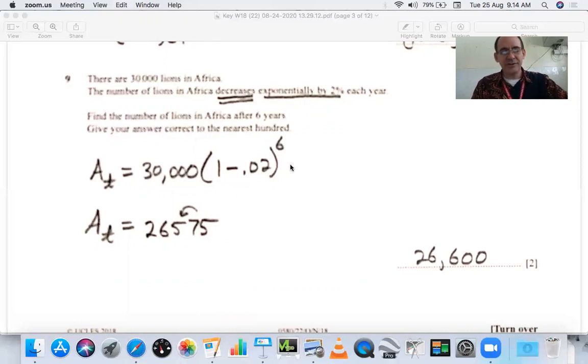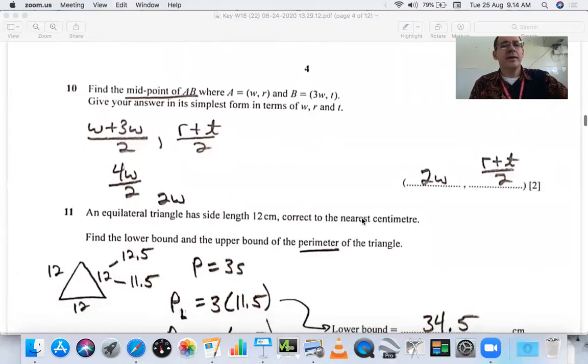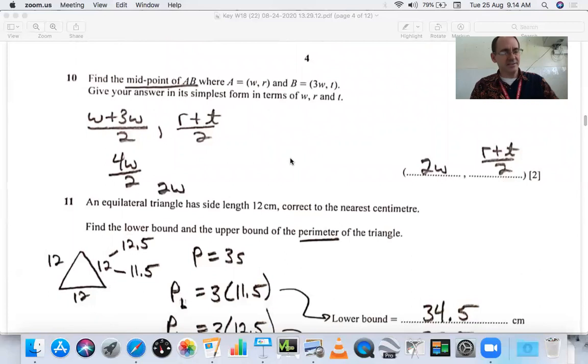This you just plug in directly into your calculator, and your amount after time is 26,575. This asks us to make it correct to the nearest 100, which is this location right here. The number after it is 7, so it rounds up to 26,600.